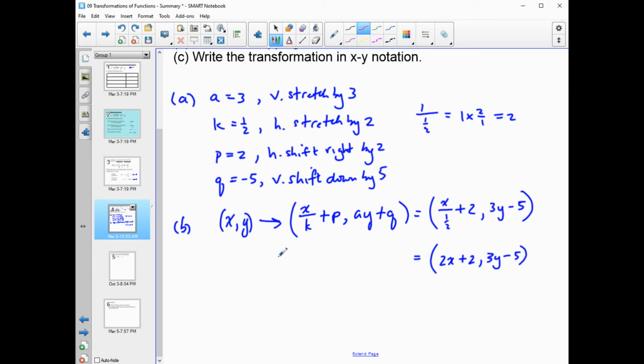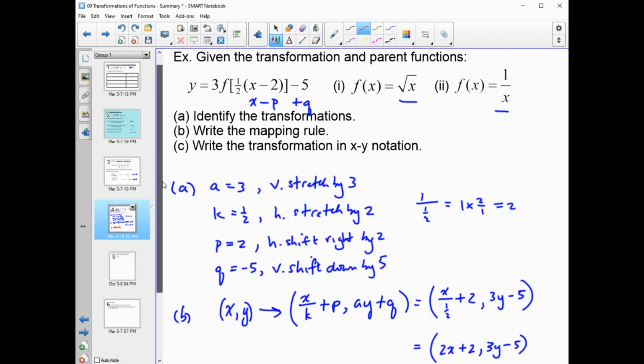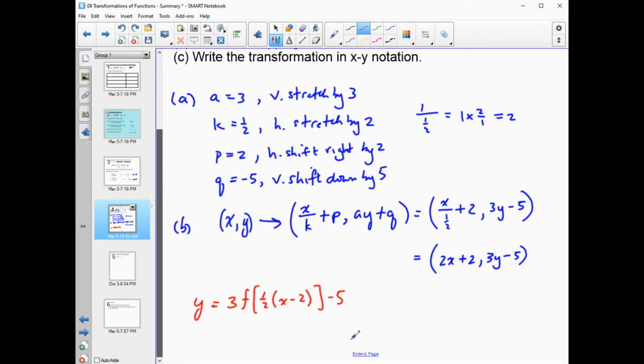Now, at this point, I'm going to make a slight aside, which is I'm just going to remind you of what the original transformed function looked like. And I think I have remembered that correctly. 3f of 1/2 x minus 2, minus 5.